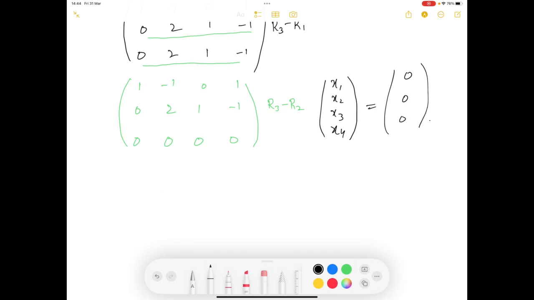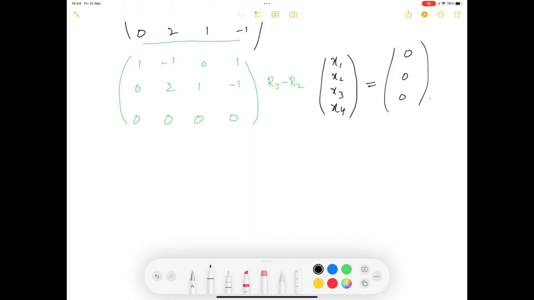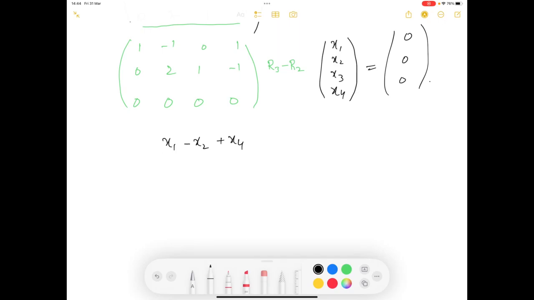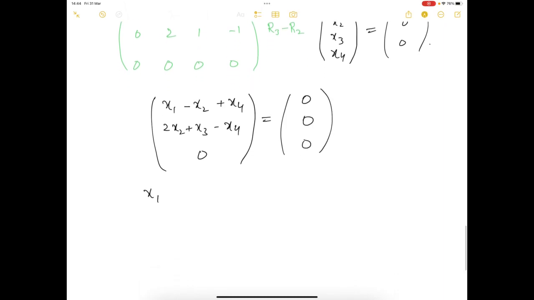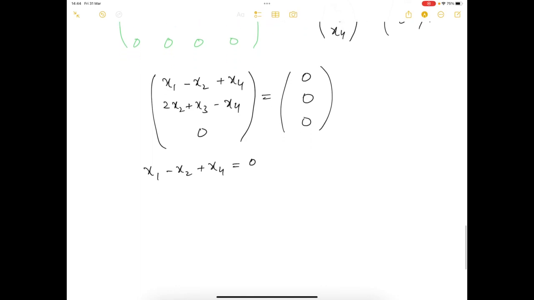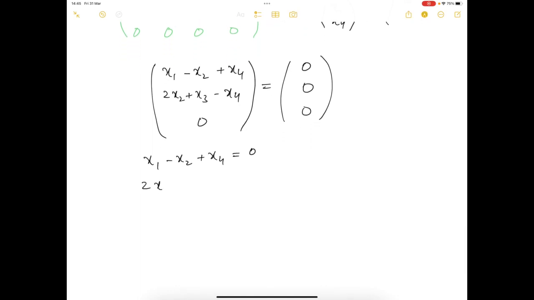We will get x1 minus x2 plus x4, and in the second row we'll get 2 times x2 plus x3 minus x4, and in the third row we'll get 0, and we want this to be equal to the 0 vector, which means that the first equation x1 minus x2 plus x4 is equal to 0, and the second equation 2x2 plus x3 minus x4 is equal to 0.